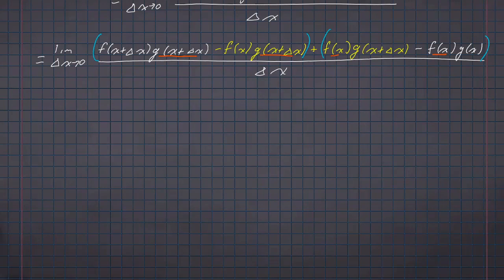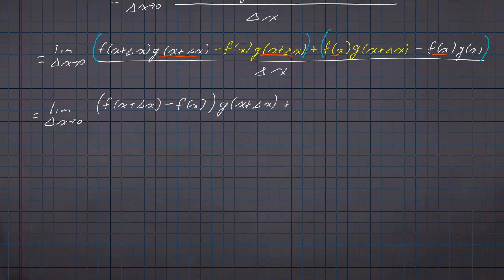So the next thing I'm going to do is some factoring. If I take f of x plus delta x minus f of x, I can factor out the g of x plus delta x.